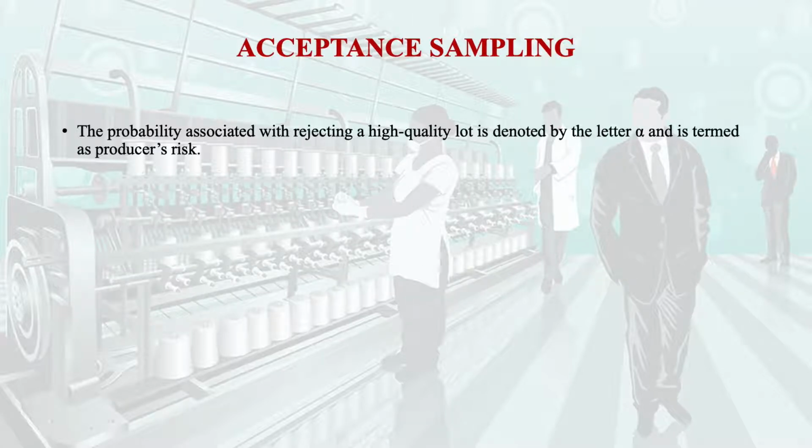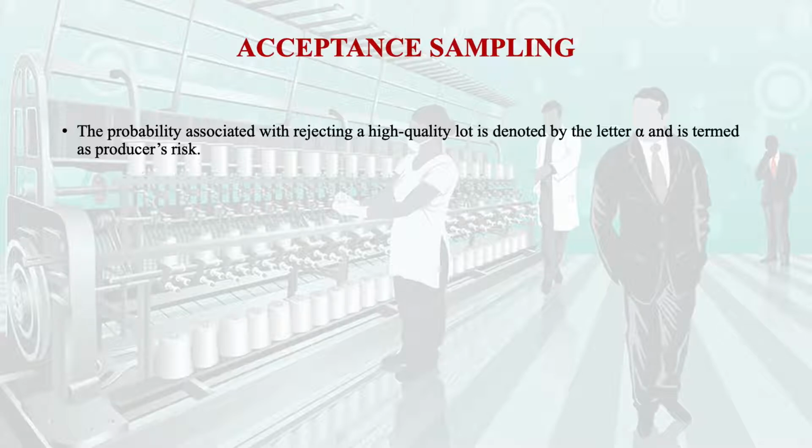The probability associated with rejecting a high quality lot is denoted by the letter alpha and is termed as producer risk. I am again repeating this sentence.